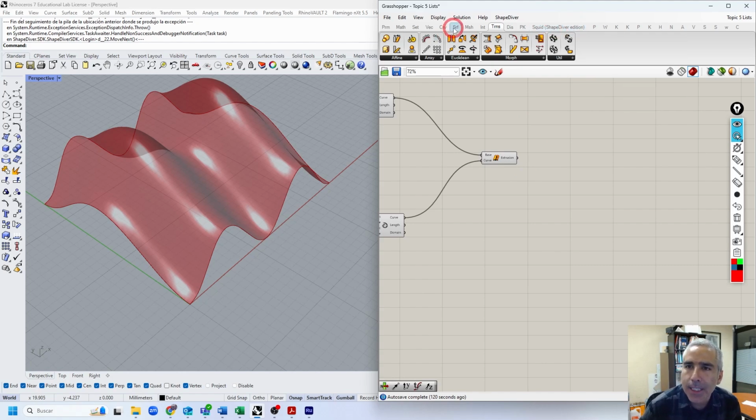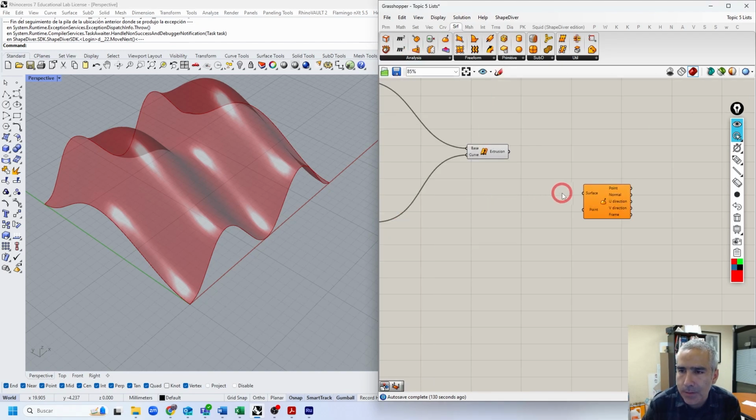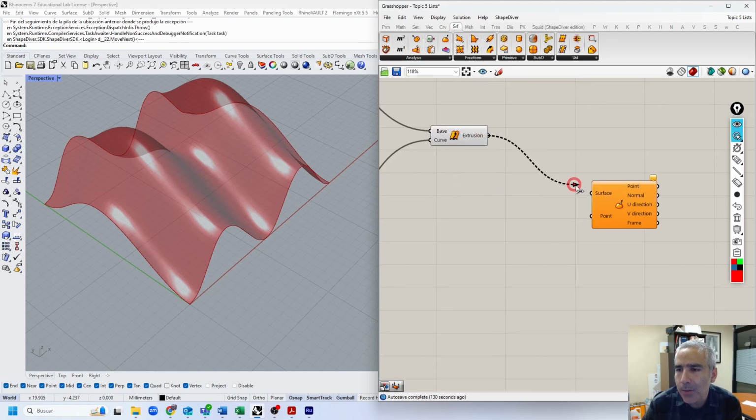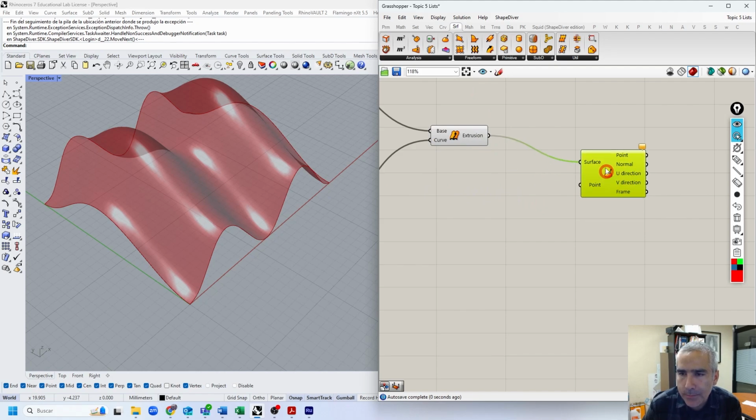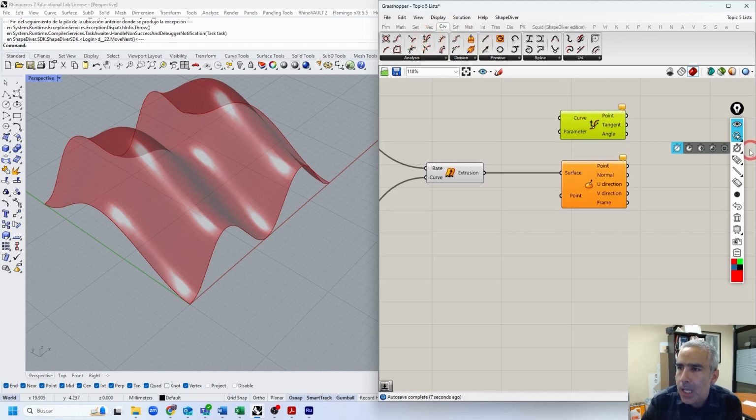However, we can look at it with analysis tools and then go to evaluate surface. If we evaluate the surface, it's very similar to evaluate curve, but in evaluate curve, we had just one number going into the t parameter.